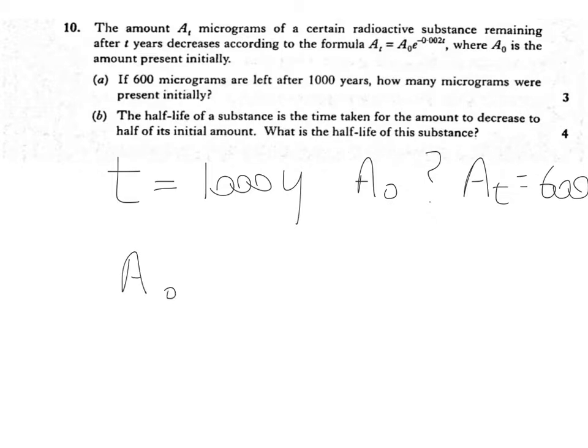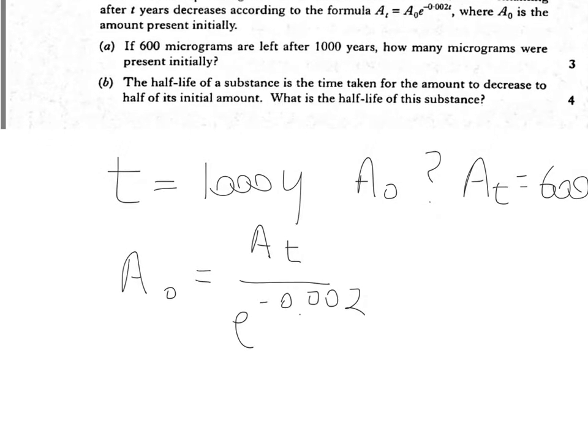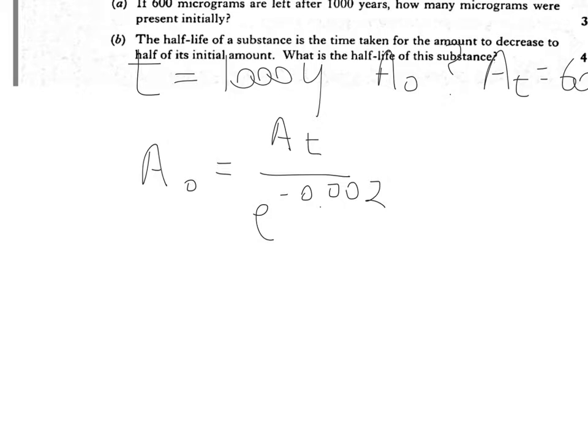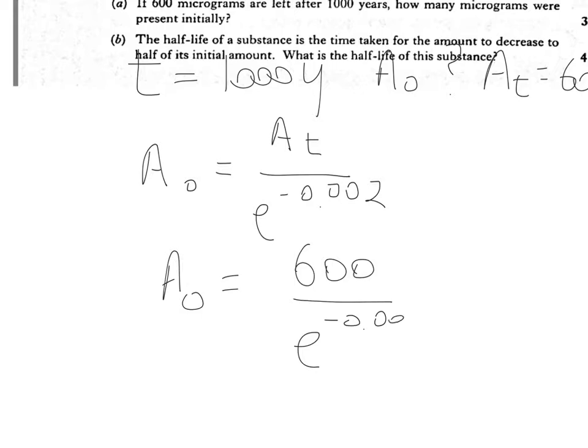So that means that A naught would be A(t) divided by e to the minus 0.002t. So A(t) is equal to 600, and it's 600 divided by e to the minus 0.002, and I'll just enter that into the calculator.